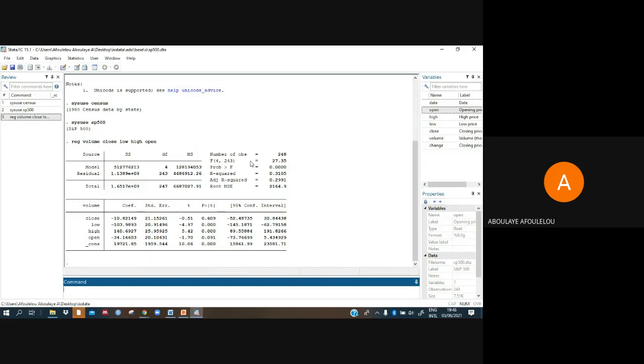Okay, how to do that? This 4 is, when we are using the table, the degree of freedom at the numerator, and that one is the degree of freedom at the denominator. The value we will find on the table, if that value is greater than the value we have here, we will reject our null hypothesis.